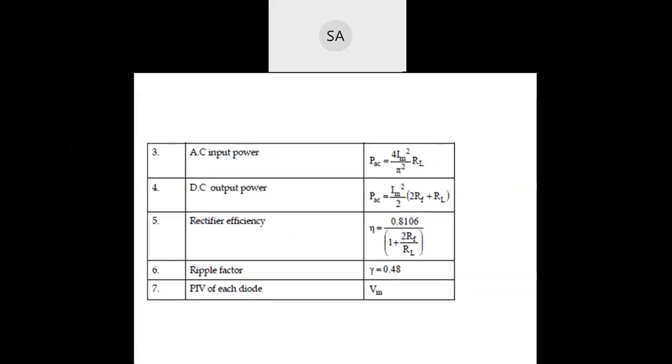The peak inverse voltage changes. Why? Because in the center tap, one half cycle gives Vm and the other half cycle also gives Vm, so we will get 2 Vm only.